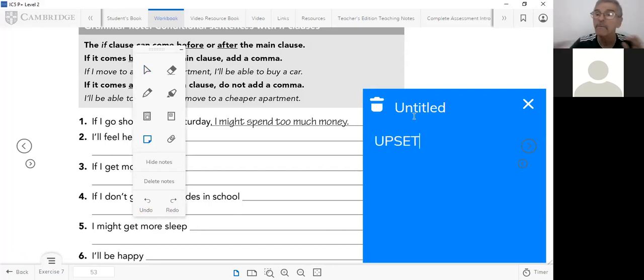When your parents are upset, it means that they feel uncomfortable with you. They feel that you are not doing the right thing. When you are upset, it means that you feel terrible, right?